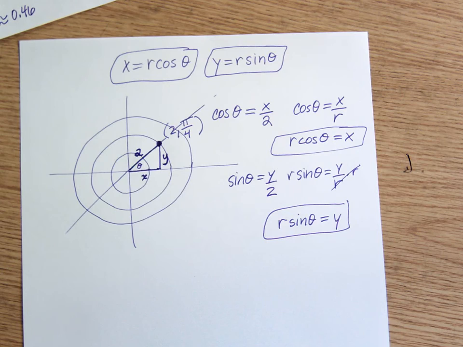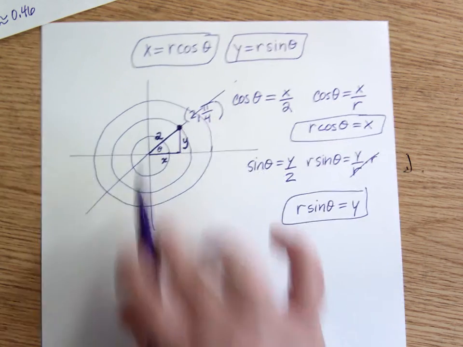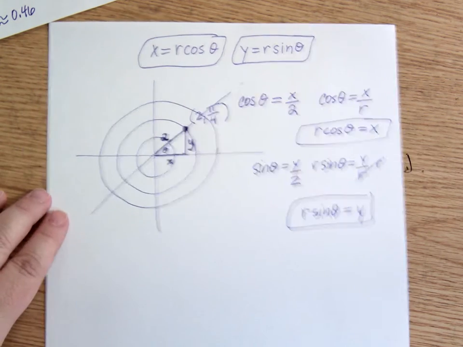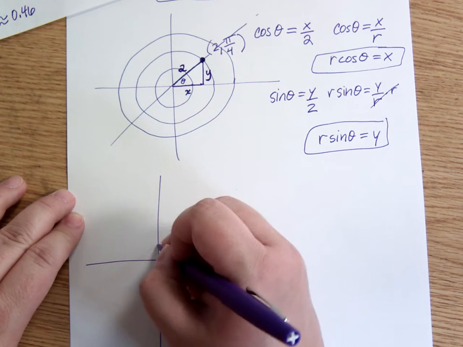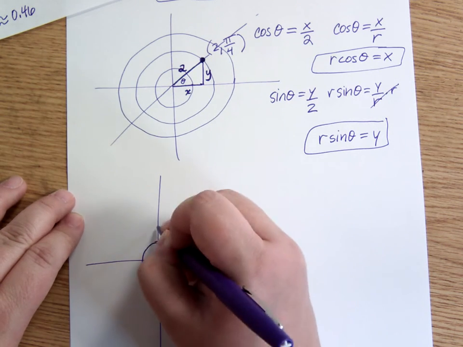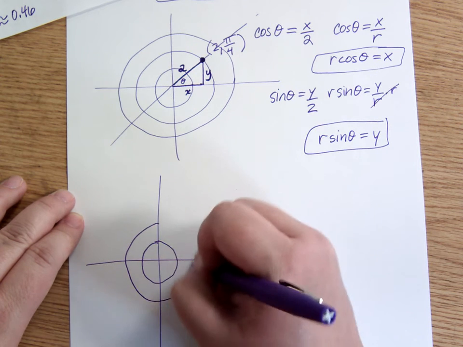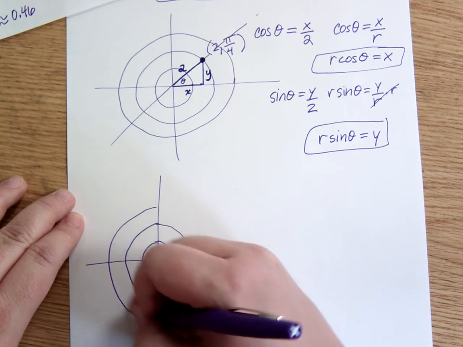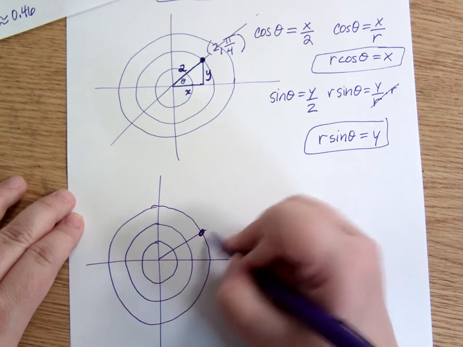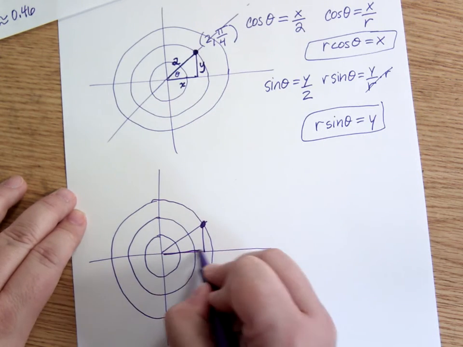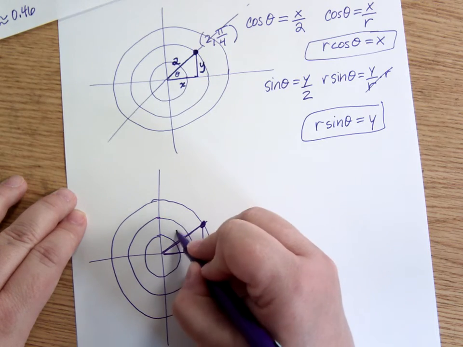Okay? Now, again, let's ignore the 2, or let me just draw it. I guess I could draw more circles. Let's just take a random point. Remember, this is the radius, right?